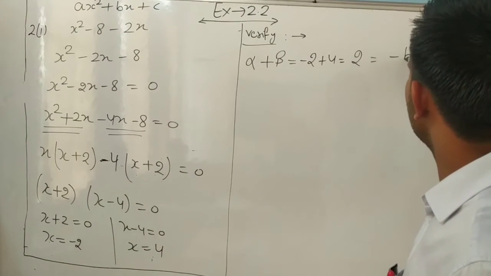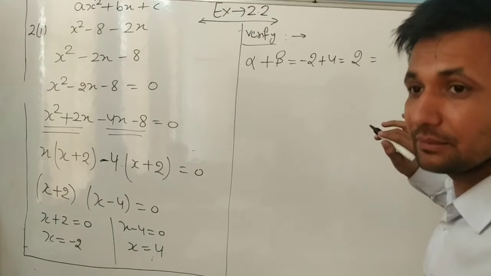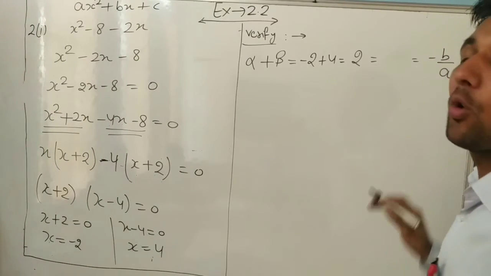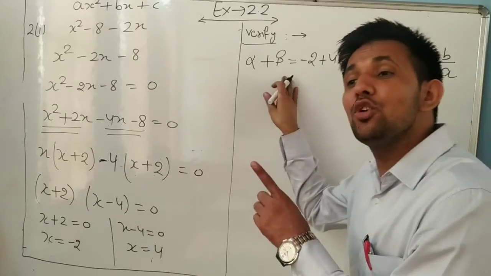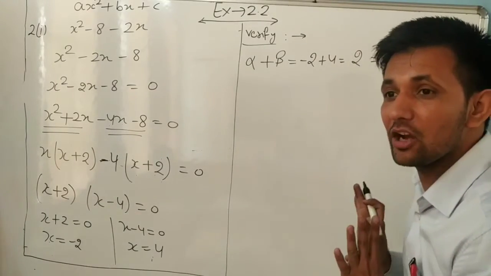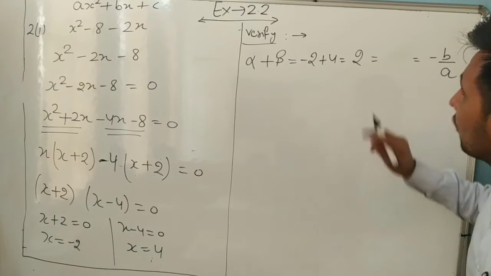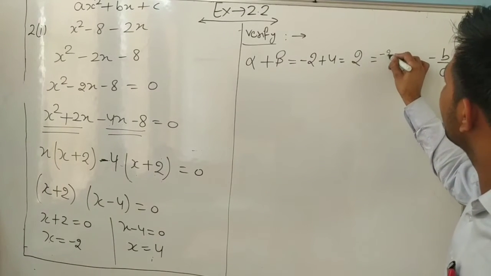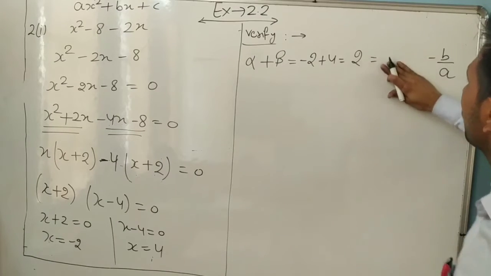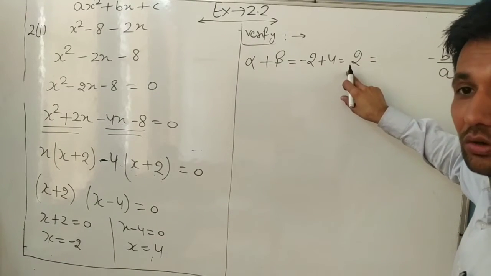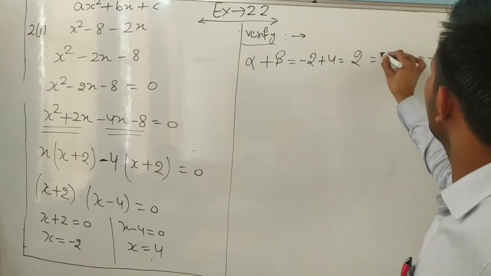Minus b by a. So I am writing minus b by a, because the sum of zeros is always minus b by a. So look, what is the value of b here? 2 comes. Can you write minus 2? Can you write 2? Because we need negative here, but it is positive. So can you write minus 2?